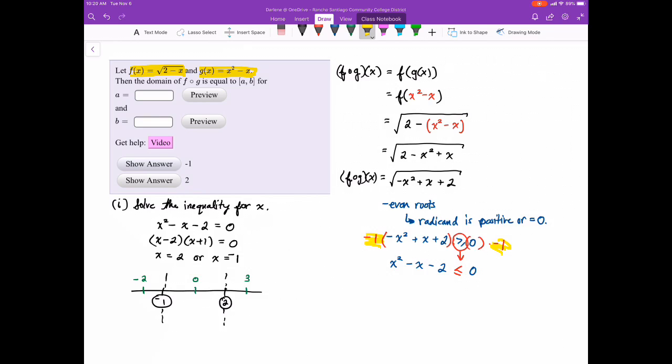In particular, I'm looking for the numbers that are negative or equal to 0. So here on my number line, I'm going to be looking for the numbers that result in a negative number for my test value. I'm going to go ahead and use the factored form because that's a little easier when plugging and chugging.